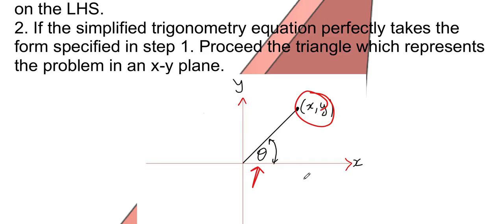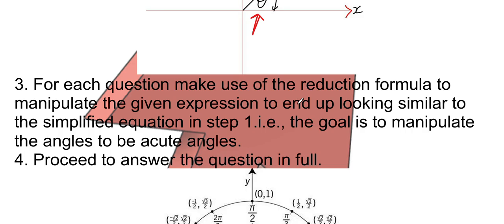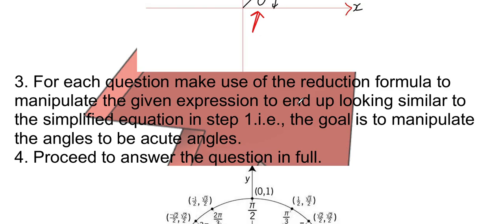You would remember SOHCAHTOA: if you have cos of x equal to b over c, you would know that b is the adjacent side and c is the hypotenuse. So that's how you get these coordinates, and then after getting the coordinates, you will be able to answer the questions which follow.